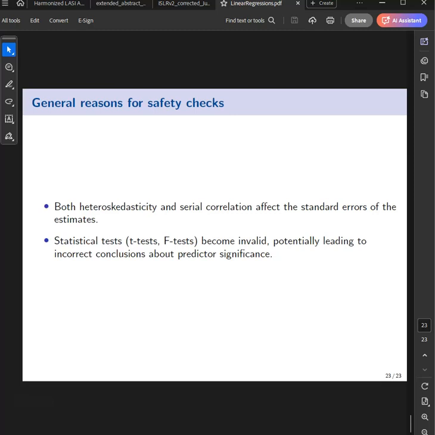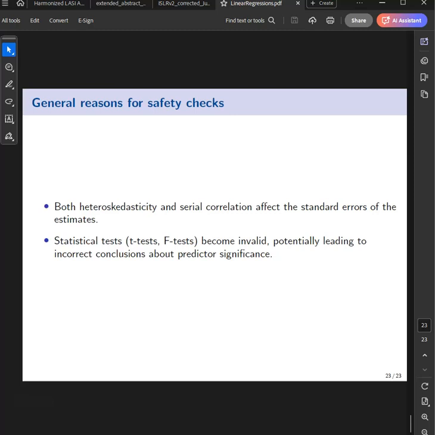That includes t-tests for individual coefficients or F-tests for groups of variables. The consequence is that we might conclude a variable is statistically significant when it's not, or vice versa. We could end up including irrelevant predictors in our model or excluding important ones. In short, we risk drawing incorrect conclusions from our data.